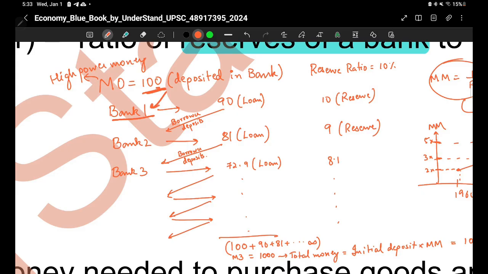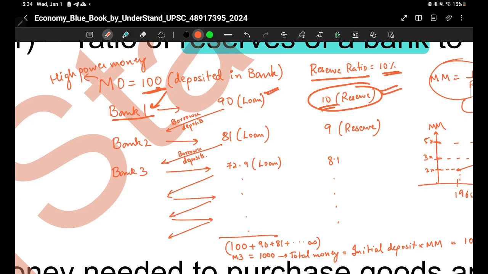That person deposits this 100 rupees in bank 1, and there is a reserve ratio of 10%. So 10% of this 100 rupees is 10, no? So bank 1 will keep 10 rupees as reserve, and the remaining 90 rupees will be given out as loan.